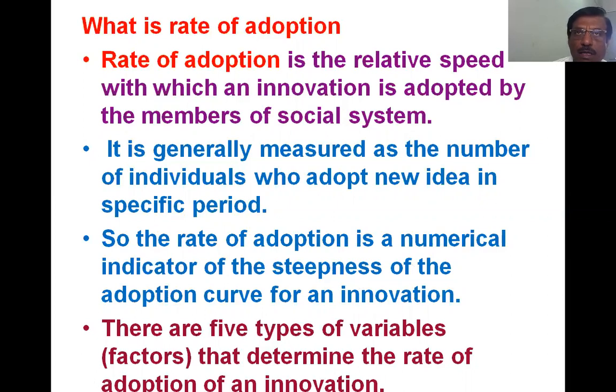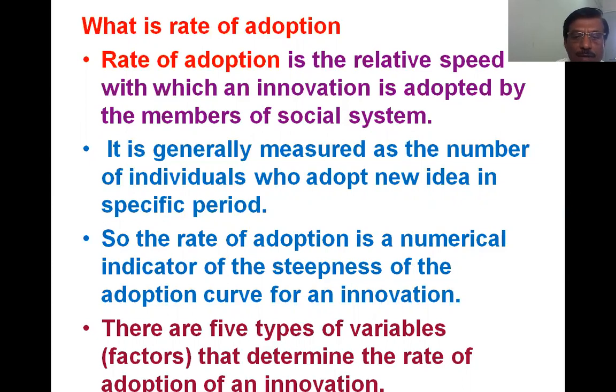If you plot it on the distribution curve, if the innovations are adopted more quickly, the bell-shaped curve will be steep. Or if the innovations are adopted slowly, the bell-shaped curve will be spread.